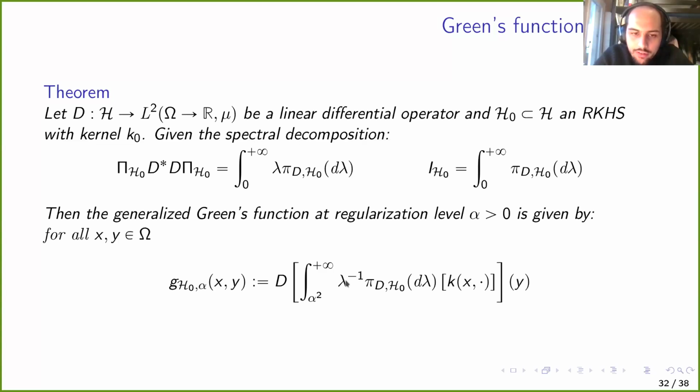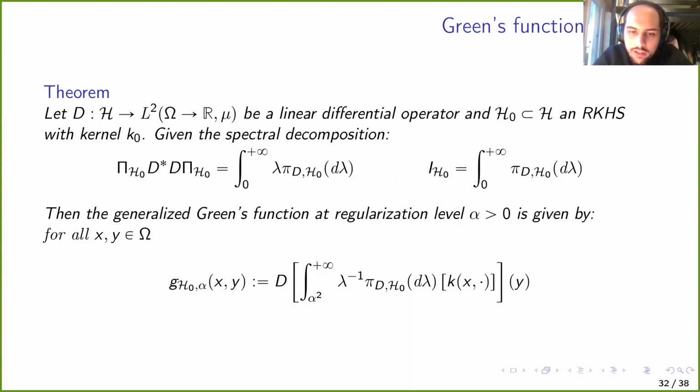The key idea is that we compute this inverse thanks to the spectral decomposition on the kernel, and we apply a differential operator on it, and this gives us the Green function.